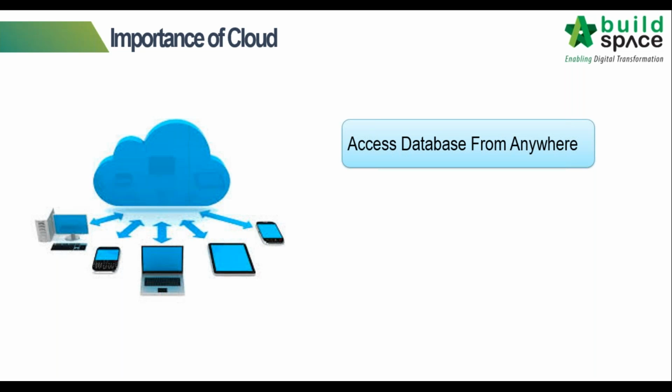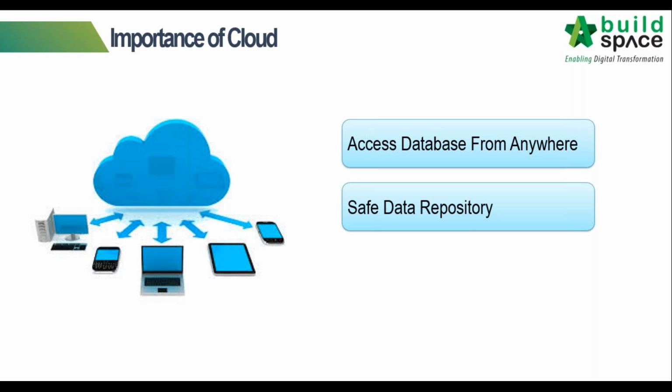If we log in to our Facebook account using the same account, we can still see all our photos, videos, and conversation history on our new phone. Another reason the cloud is so important is because it can be used as a safe data repository.